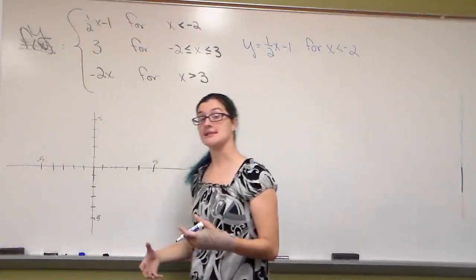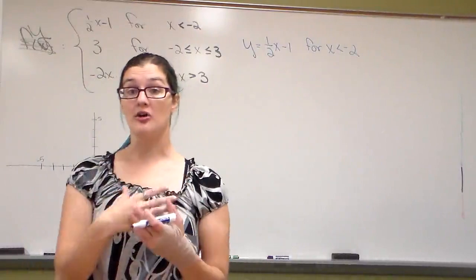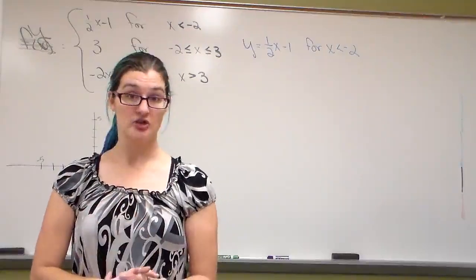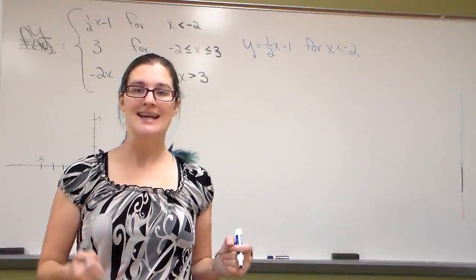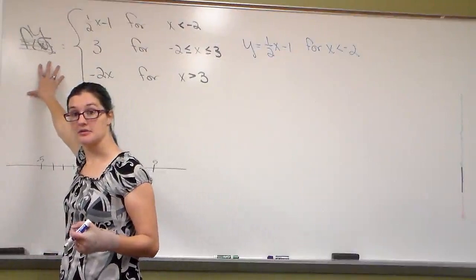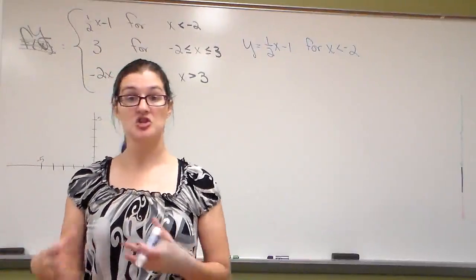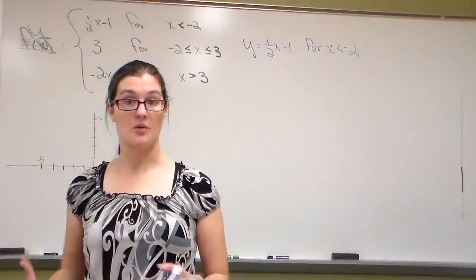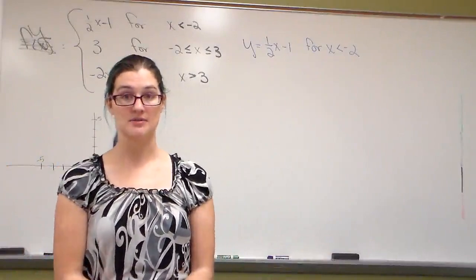So when we look at these, if you're going to graph piecewise, one thing you should already know how to do is graph a straight line. Any straight line I give you, you should be able to graph. The nice thing about piecewise, it's always going to be set up in y equals. So you're always going to be given y equals mx plus b. So you're not going to have to isolate y, move the x, and divide by anything to get y equals mx plus b.